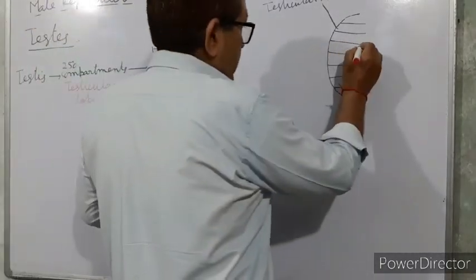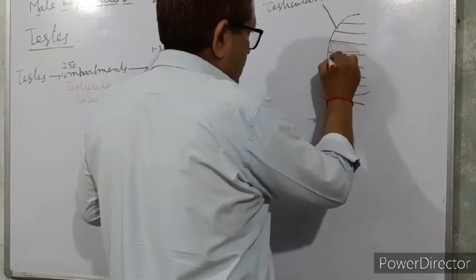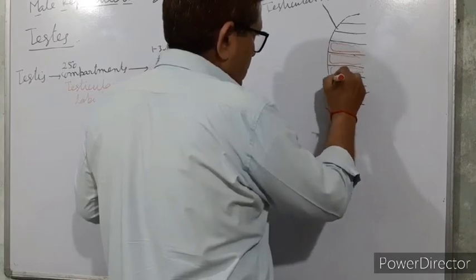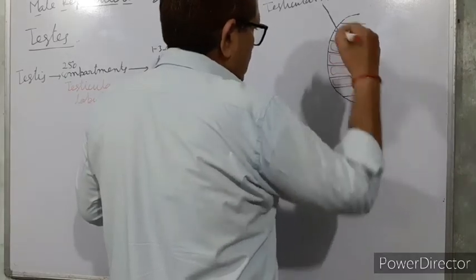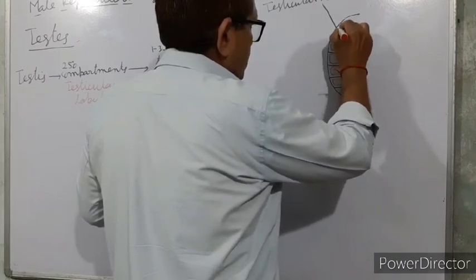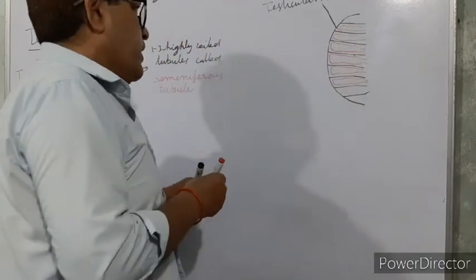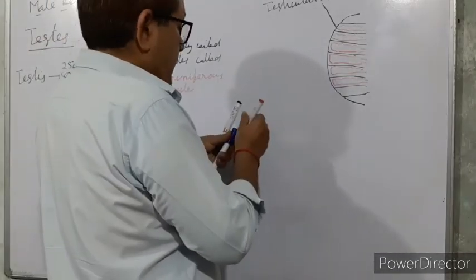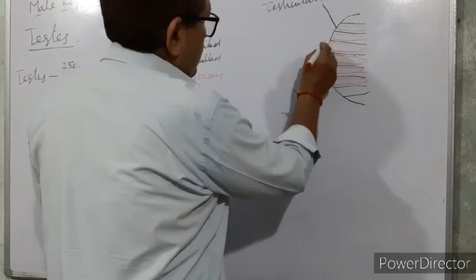Suppose this one is a highly coiled tubule, and these structures are called the seminiferous tubules.